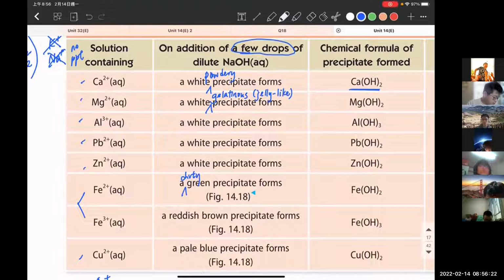Okay. So similarly for aluminium. But for lead-2, it is powdery. Zinc, jelly-like. And iron-2, iron-3, they are also jelly-like.